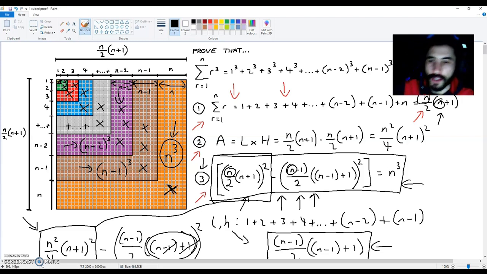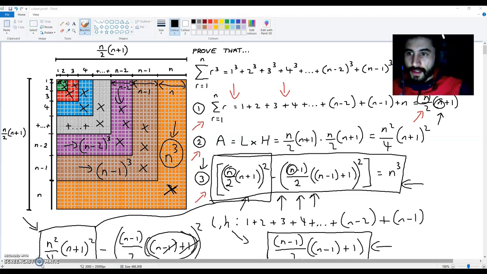We know that the area shaded in brown is (n-1) cubed. And we know that the area shaded in orange is n cubed. Okay? Now that the abstract parts of this proof are out of the way, we can deal with the concrete parts like 1 plus 2 plus 3 plus 4. Let's find the areas shaded in blue, red, green, and yellow, then complete our proof.